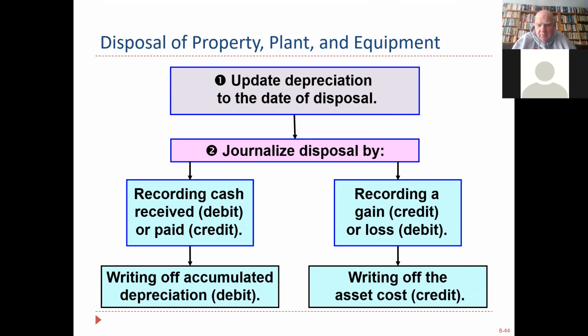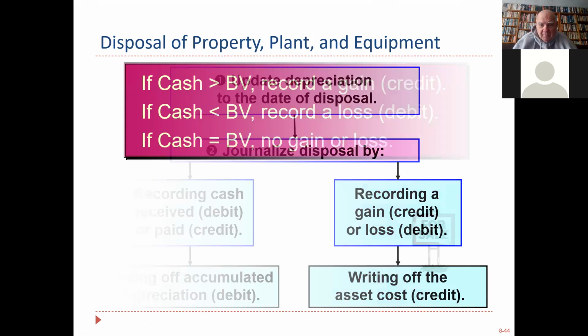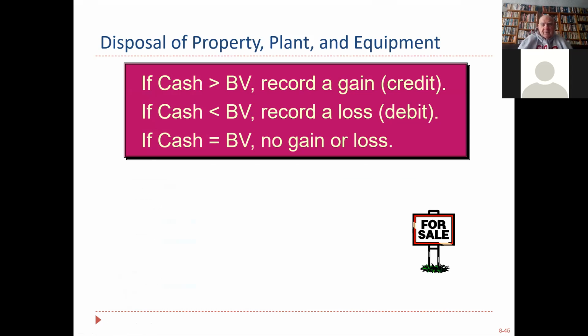So that means you've got to go in and credit the original cost of the asset, and then you have to debit the accumulated depreciation to get rid of that. And any difference between the net book value and the cash is a gain or a loss. Let's see if we can make it a little clearer.